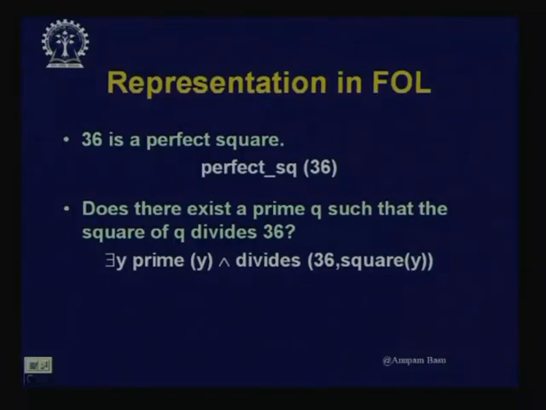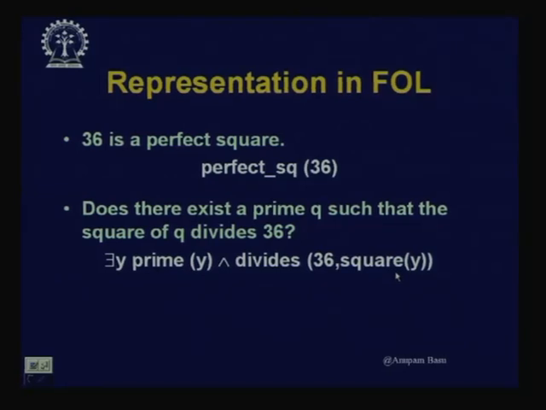Now, therefore, I can write it down as there exists y such that y is a prime and divides 36, I can divide 36 by the square of y. So, these are my sentences.